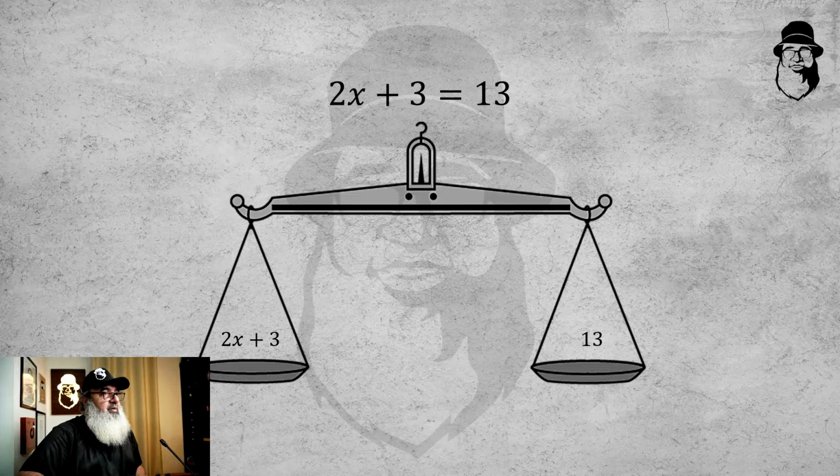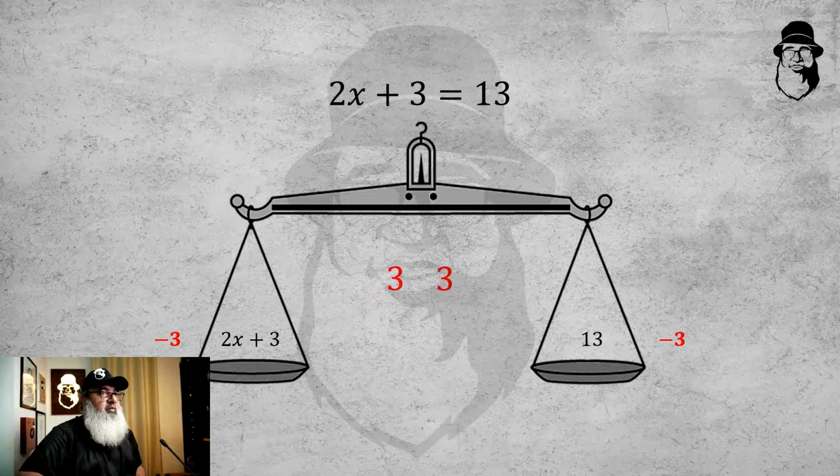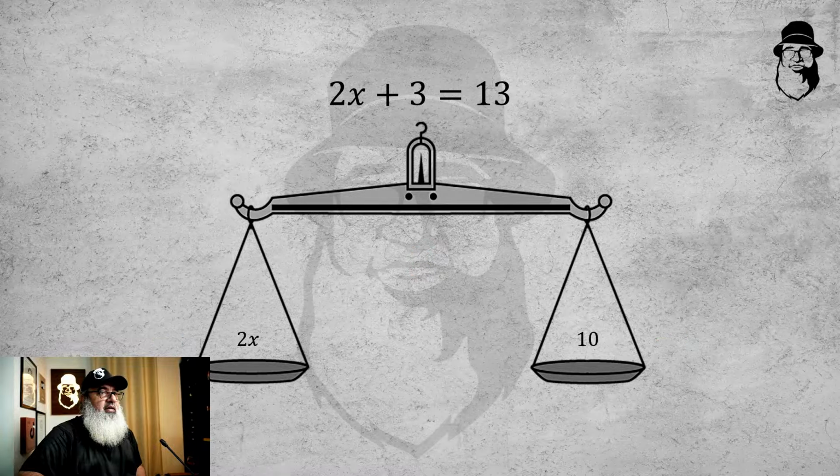So we take away 3 from both sides to get 2x is equal to 10, 2x on the left side and 10 on the right side, and they will still balance if we double each side or multiply both sides by any number or divide both sides by any number. So we divide both sides by 2 to get x is equal to 5.